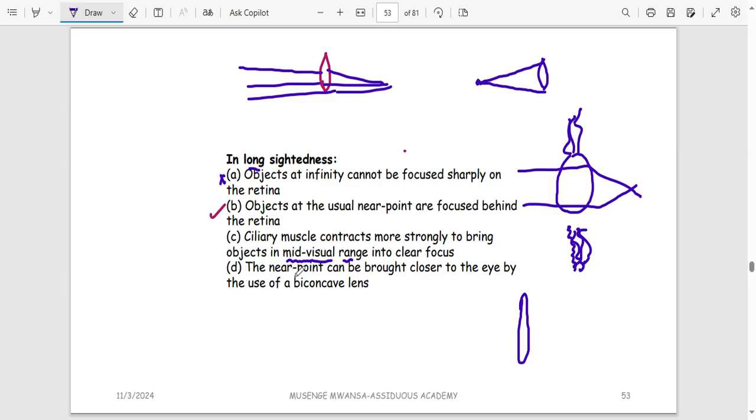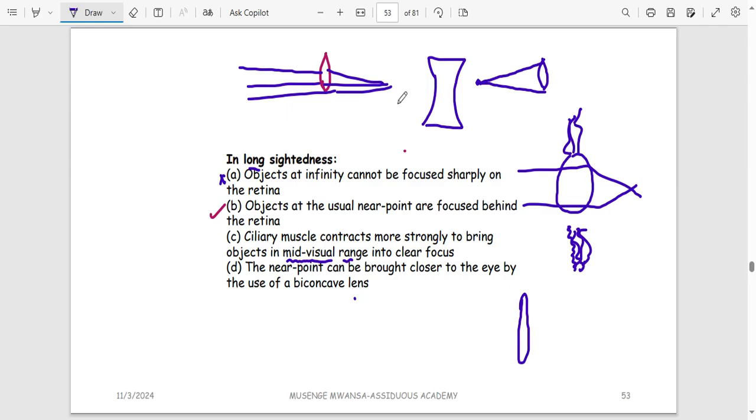Let's look at the next option: the near point can be brought closer to the eye by the use of a biconcave lens. I think this is not even making sense. How is the near point brought closer to the eye by using a biconcave lens? Of course, we know when you are treating this condition, besides what the body tries to do itself, you can use a lens which looks like this.